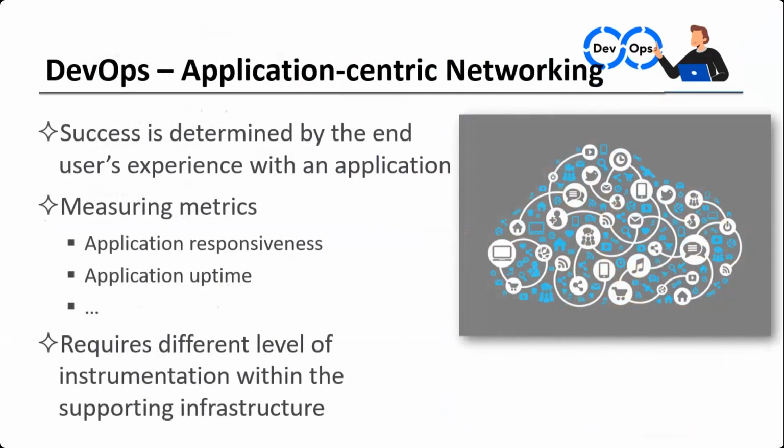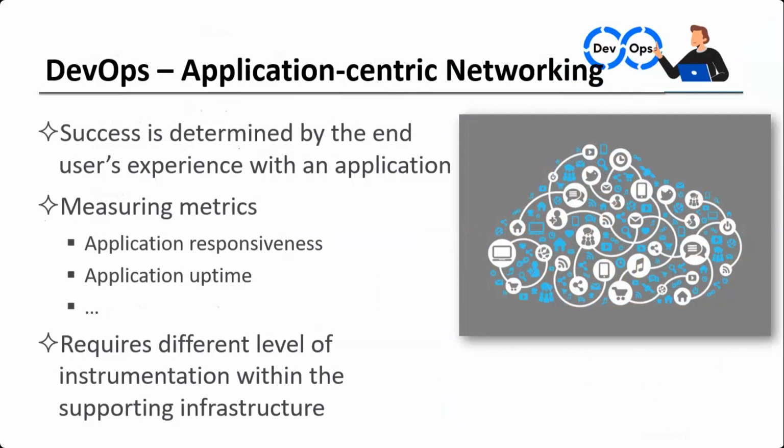And on the application-centric networking. Okay, so the success of this application is heavily dependent on the user experience. Okay, so by measuring the key metrics like application responsiveness and of course the uptime, and by implementing appropriate instrumentation, you can ensure that the application meets the user expectation and performs reliably.